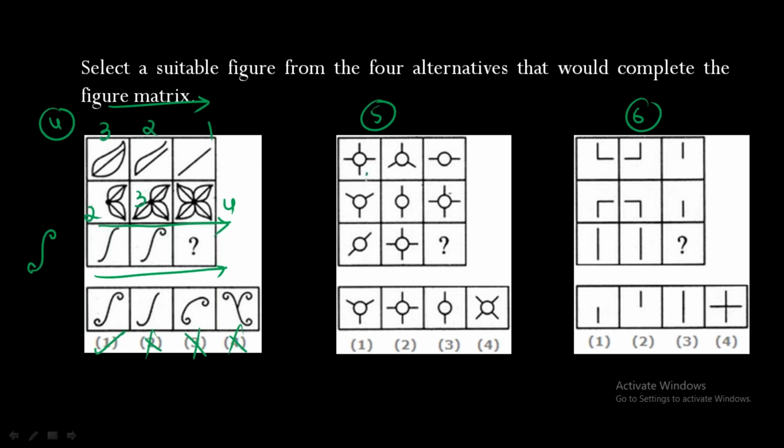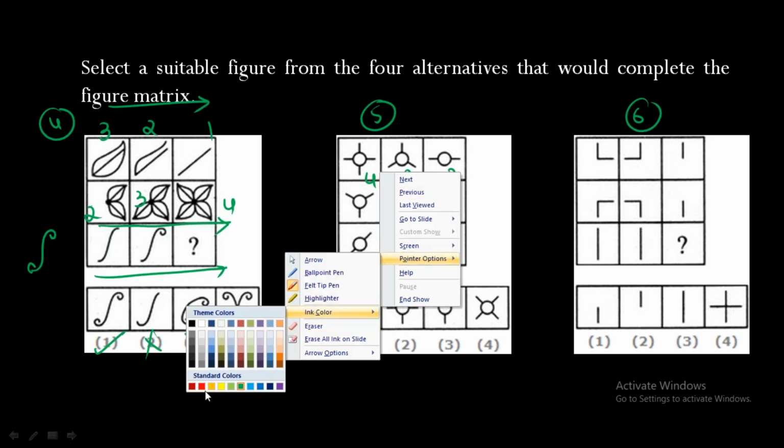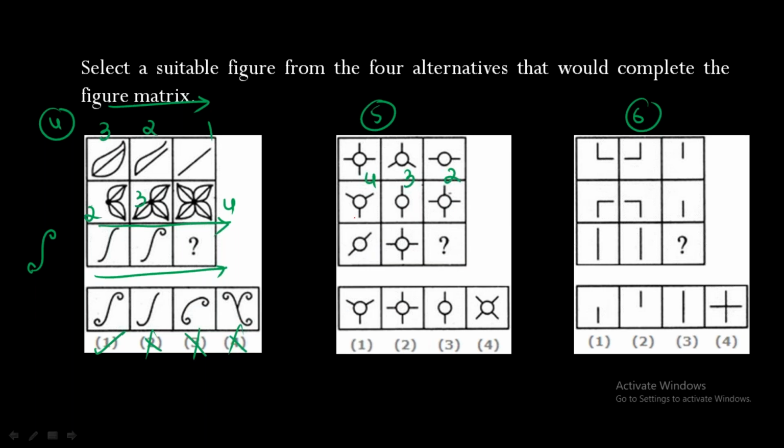Whereas here, fifth one, 4, 3, 2. Whereas in the next one, 3, 2, 4; 2, 4, we have to get 3 here. That's the first one. 4, 3, 2. 3, 2, 4, we have to get 2, 4, 3.